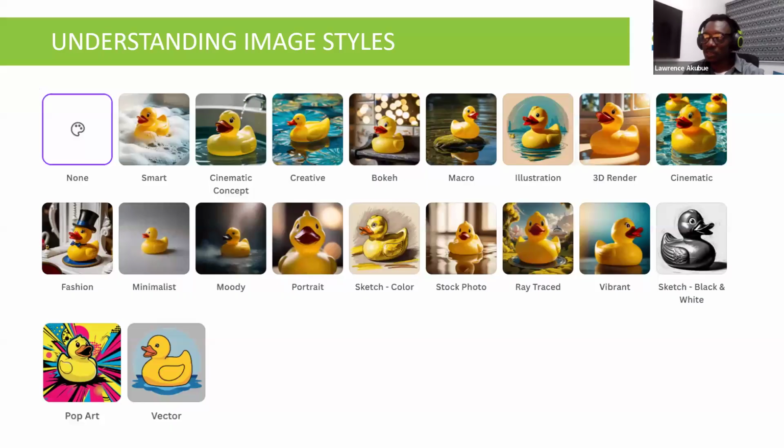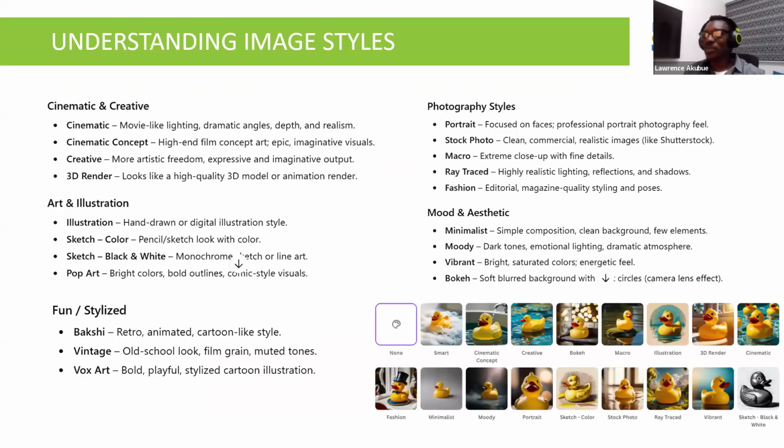Is it illustration? Is it 3D render? Is it cinematic? Is it fashion? Is it minimalistic? Is it moody? Is it portraits? Is it sketchy? Depending on the varieties, if I go to the next one, you see how you can put these things into buckets.